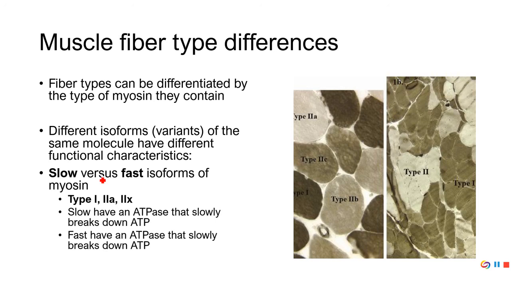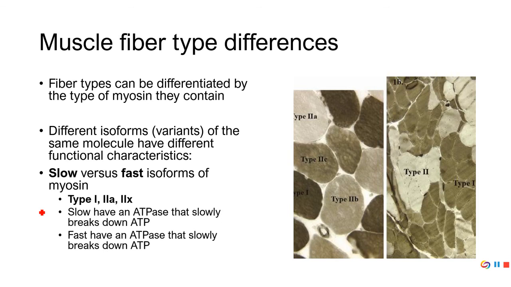And so for this class, we're just going to focus on 1, 2A, and 2X. Okay. Now, like I said earlier, when we think about slow, we think about motor units that have ATPase enzymes that break down ATP slowly, whereas fast break it down more quickly, and so we can have more cross-bridge cycles occur.